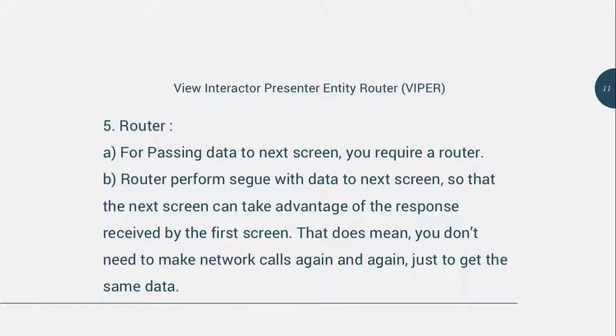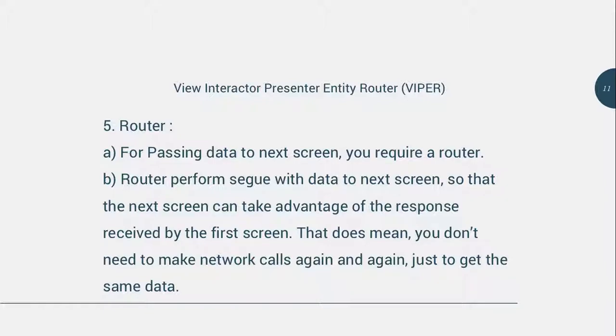So the router, how would the router pass those data? You can see those things in code, but for now, the router would simply pass the data which it got after processing from the interactor. But for now, how would it pass?